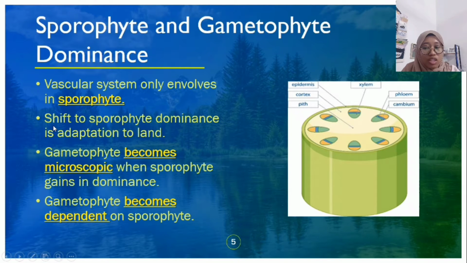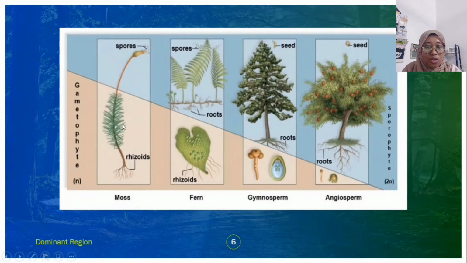Therefore, the shift to sporophyte dominance is an adaptation to land. The gametophyte becomes microscopic when the sporophyte gains dominance, and the gametophyte becomes dependent on the sporophyte. So, based on this picture, we can see the gametophyte becomes microscopic and the sporophyte becomes dominant.